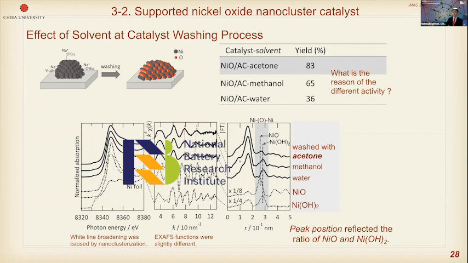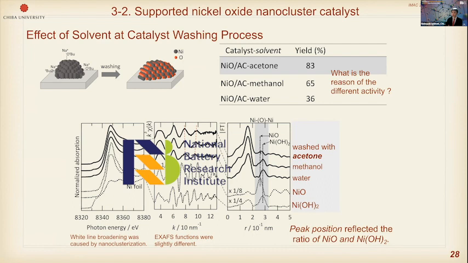And the Fourier transform data is shown here, and you can see a comparison between the nickel oxide and the nickel hydroxide. So this peak position differs between nickel hydroxide and nickel oxide.